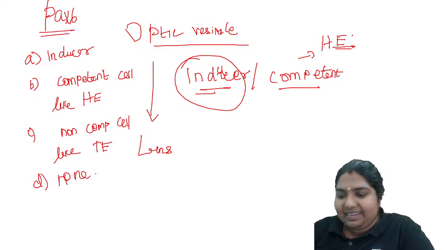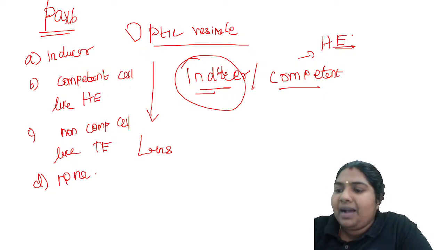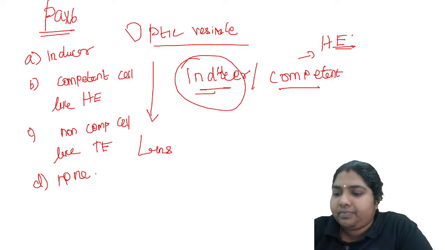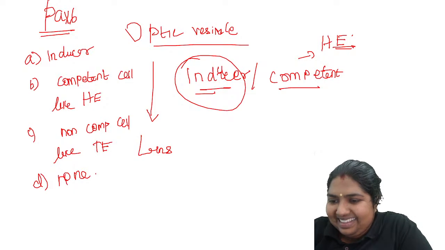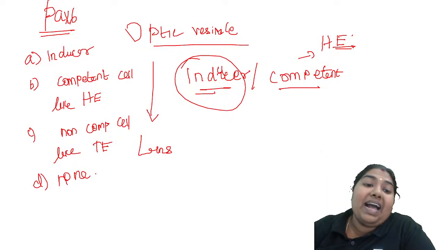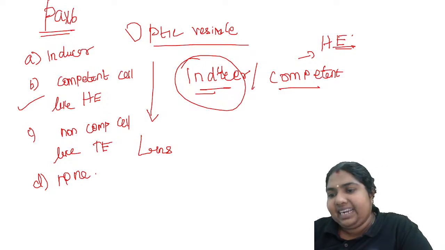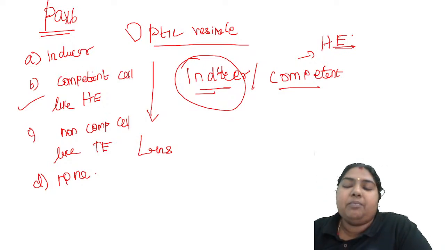PAX6, where is it present? Come on, everybody in this class, answer this question. Be quick. Fantastic, guys. So PAX6 must be present in the competent cell like your head ectoderm. Absolutely, PAX6 is present in the head ectoderm.